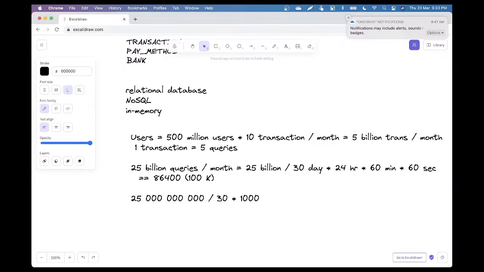So if you see, 6 zeros will be gone here, so it's about 25,000 divided by 3, or roughly 8k transactions per second, right?